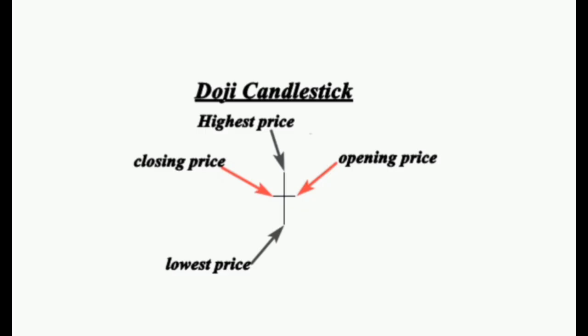So this actually shows that the sellers and the buyers have equal power, and nobody can push price further than that point. So what you can see here is called indecision or a stalemate, where the buyers and the sellers have equal power at that point in time in the market.